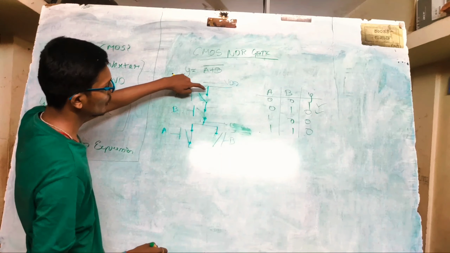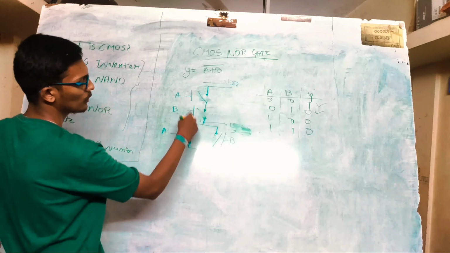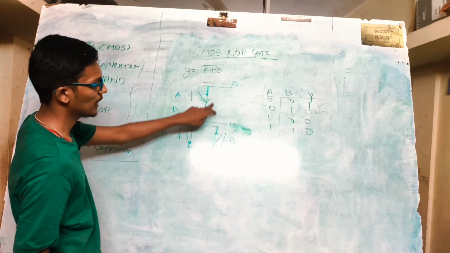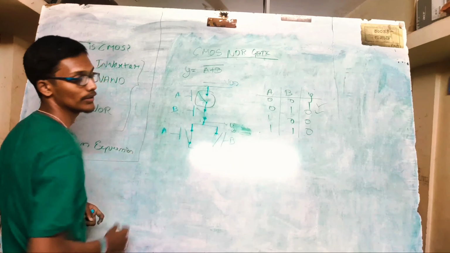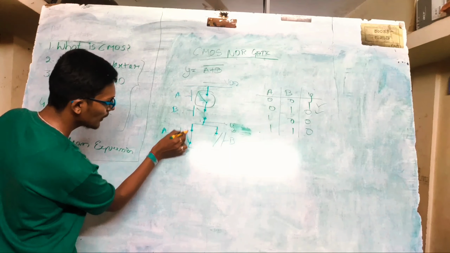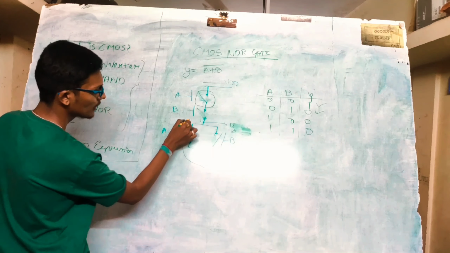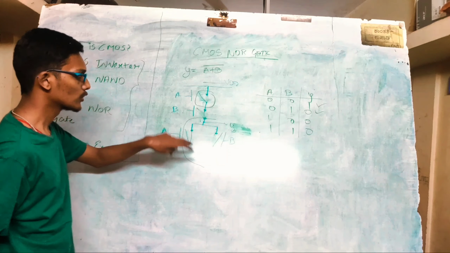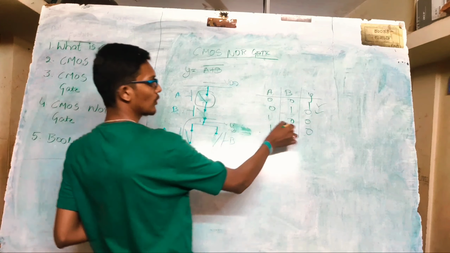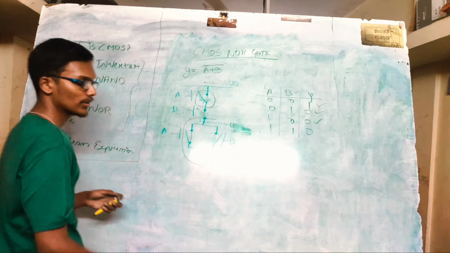So because of open circuit of A, in spite of close or open of B, we don't have a path between Y and VDD because of this open circuit. Fine. We have a path from ground to Y. So through A, we have a connection between Y and ground. So Y will be at logic 0. So Y is at logic 0 for the third combination.